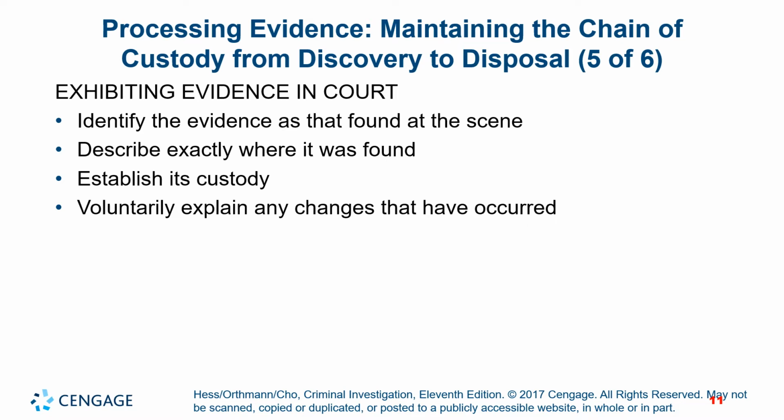To ensure admissibility of evidence in court, the prosecutor must be able to identify the evidence as it was found at the crime scene, describe exactly where it was found, establish its chain of custody from discovery to the present, which would be in court, and voluntarily explain any changes that have occurred in the evidence.